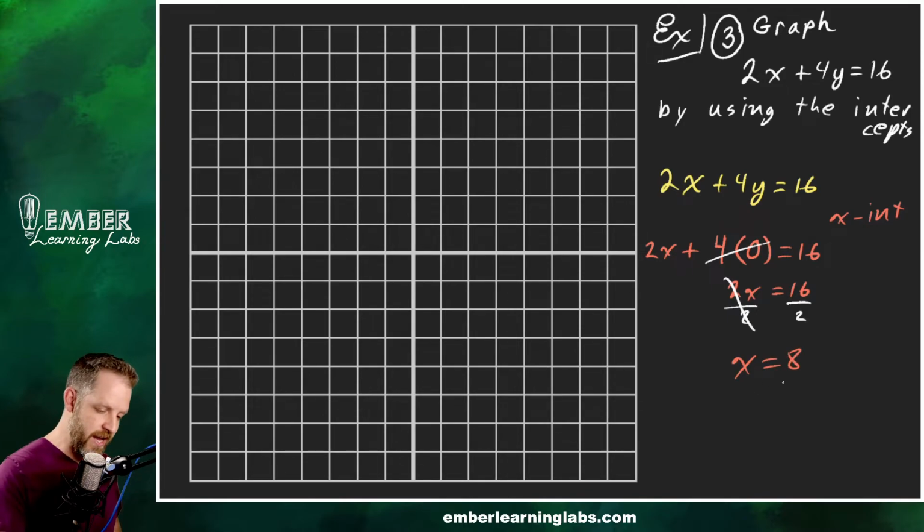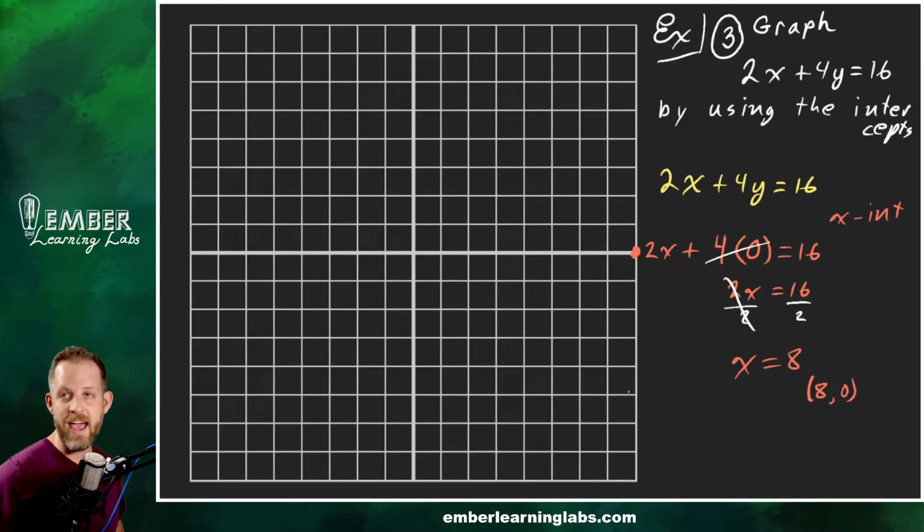So our intercept is 8, 0. So we're going to go up here and go up and down 0, right? And then we're going to go over 1, 2, 3, 4, 5, 6, 7, 8. Barely going to fit on my little grid here, right?